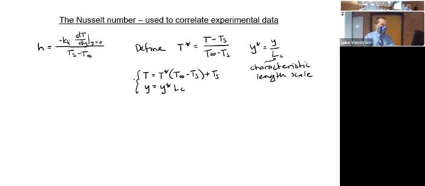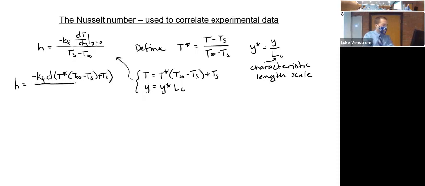If I substitute those into the equation for the convection heat transfer coefficient, in the numerator I have minus k_f times the derivative of T star times T infinity minus Ts, plus Ts.